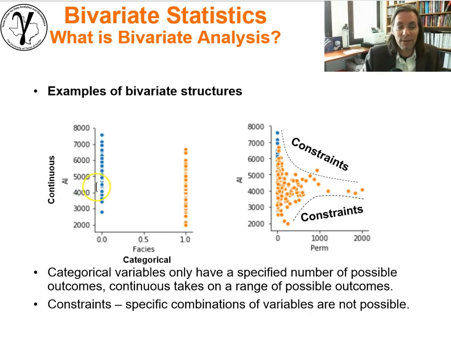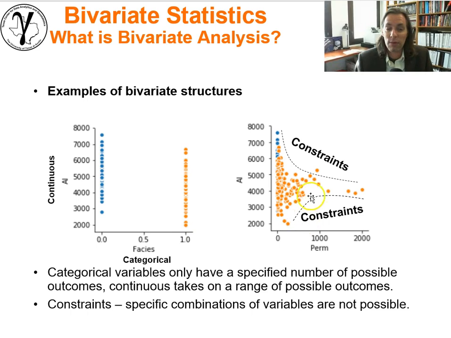We could, of course, have categorical variables that, when we plot them up, we find there's only a set number of possible categories that occur. Facies 0, 1 would be one example of that. And then we might have continuous variables like acoustic impedance, which will have a range with respect to each one of those facies types.